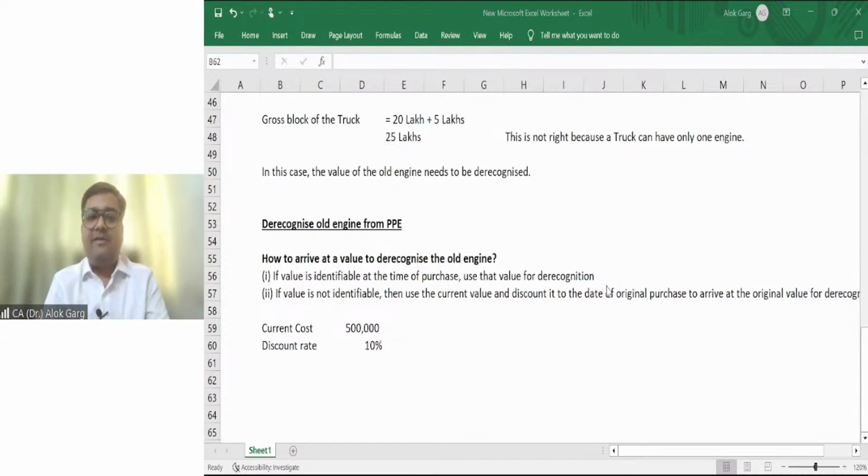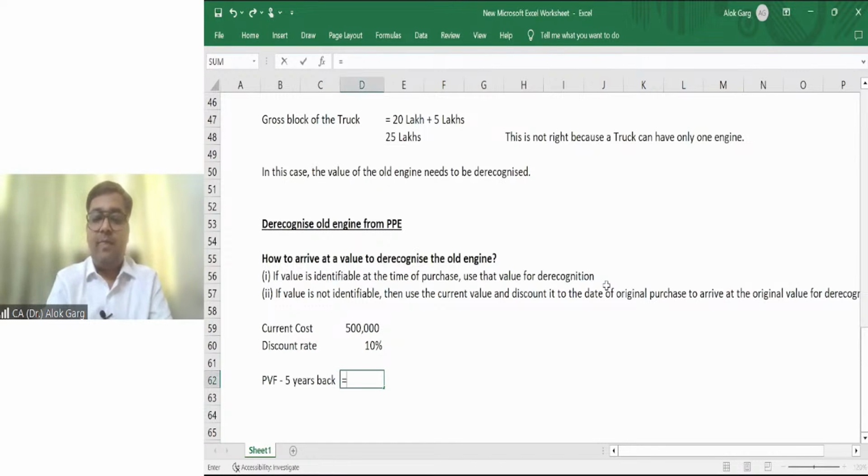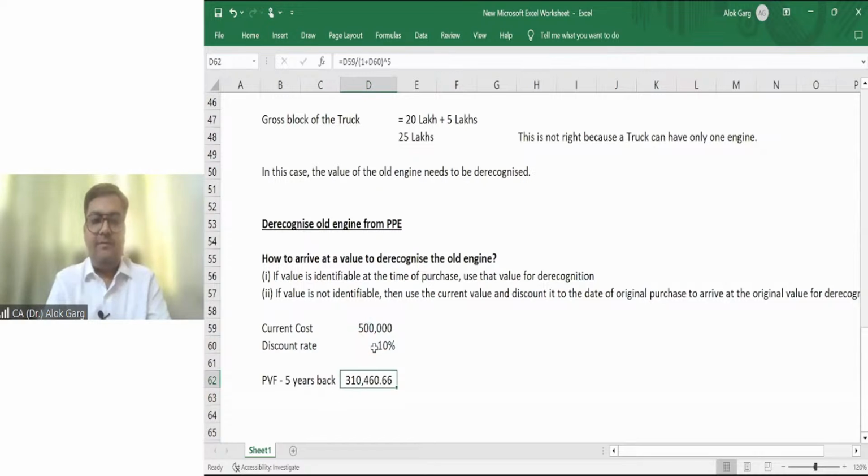So, present value factor 5 years back. 5 lakh divided by 1 plus 10%, to the power 5.